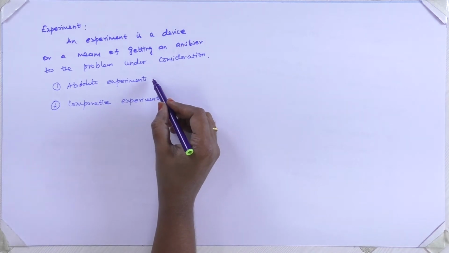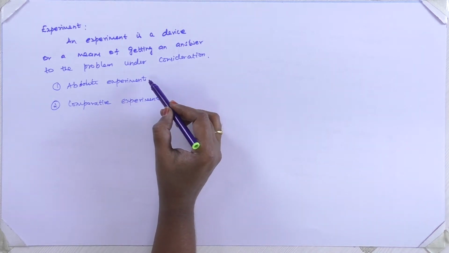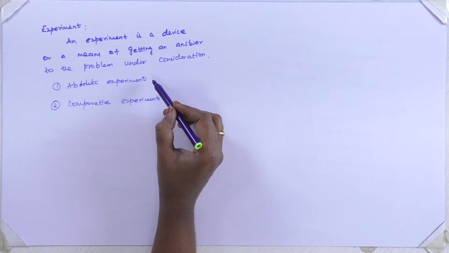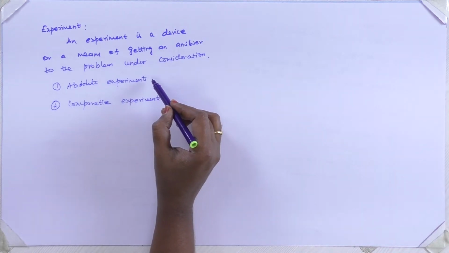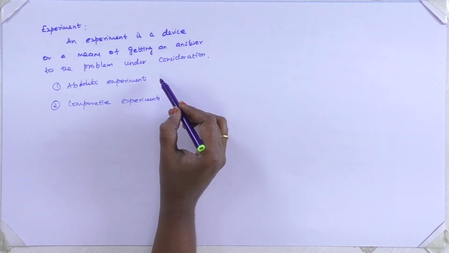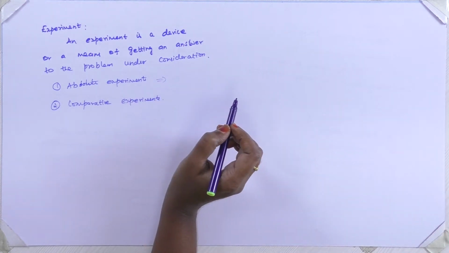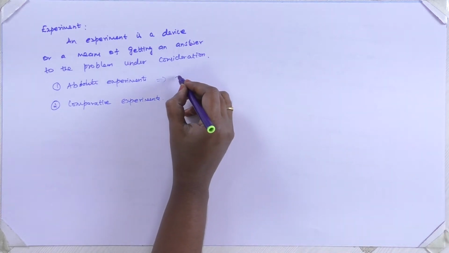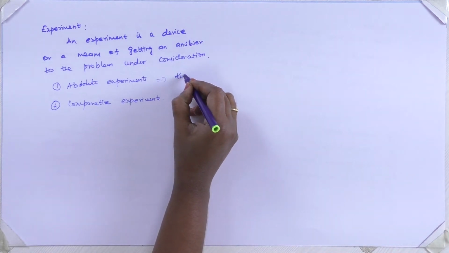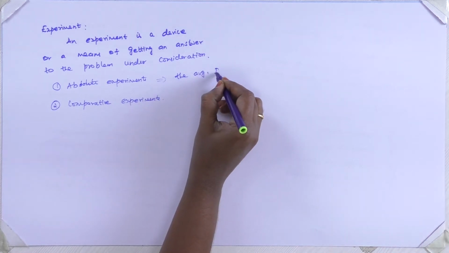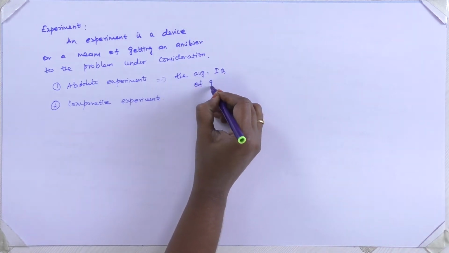Absolute experiment consists in determining the absolute value of some characteristic. For example, obtaining the average IQ of a group of people.